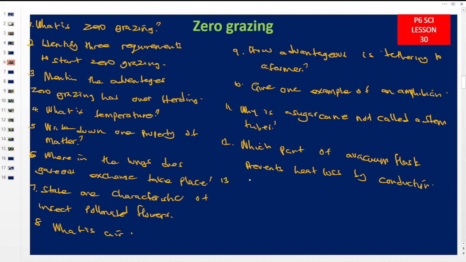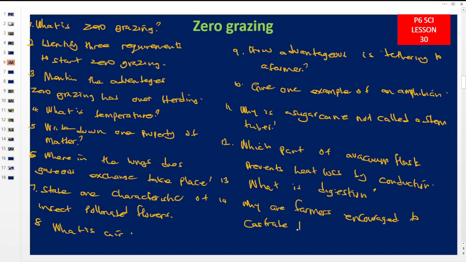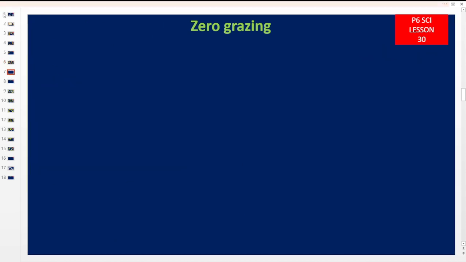Number 13: What is digestion? Number 14: Why are farmers encouraged to castrate their animals? Number 15: How useful is a rake to a gardener?